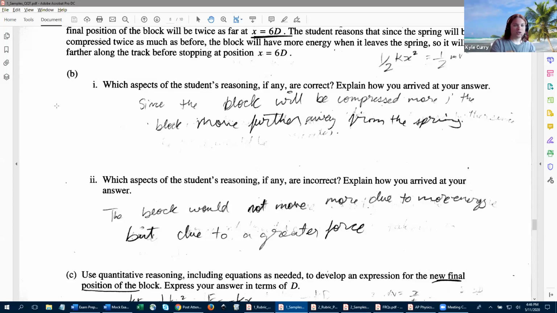So let's take a look at the student response. Part BI: since the block will be compressed more, the block moves further away from the spring.